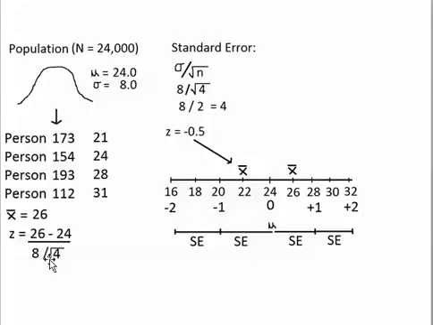These other three numbers will all stay the same because the population mean is still 24, the population standard deviation is still 8, and the sample size is still 4. If we did this math, the answer would come out to 0.5. So our sample mean of 26 does have a z-score of 0.5.